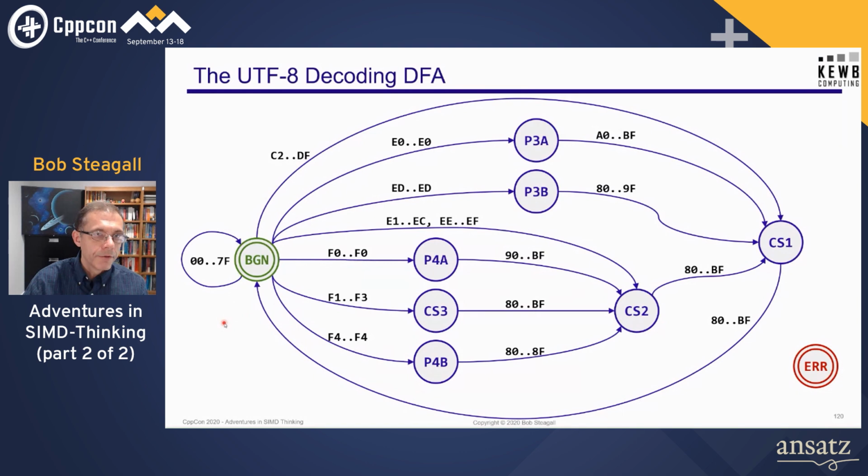So there are 256 possible values, and these ranges correspond to state transitions that occur in the DFA when you encounter an octet that has a value that lies in that range. The transitions in the DFA that you see in this diagram are only for legal transitions. Any transition that causes an error, or is an encounter of an illegal byte or an illegal transition, goes to the error state. And there are too many arrows to draw that, so they are there implicitly. So how does this work?